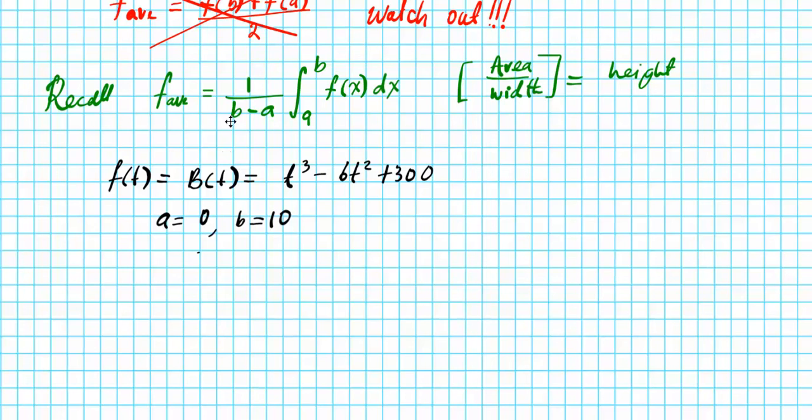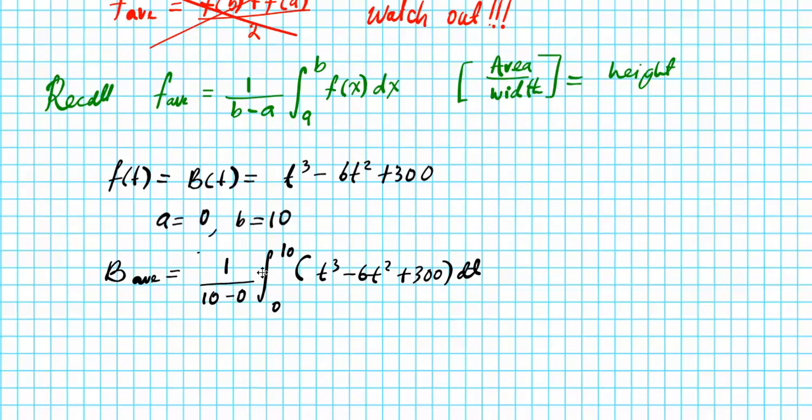Okay, so if you can recall the correct formula, this is now assessing your ability to apply the fundamental theorem of calculus part 1 accurately. All right, so b average is going to be 1 over b minus a, 10 minus 0, as indicated here, times the integral from 0 to 10 of the velocity function, which is t to the third minus 6t squared plus 300 dt.